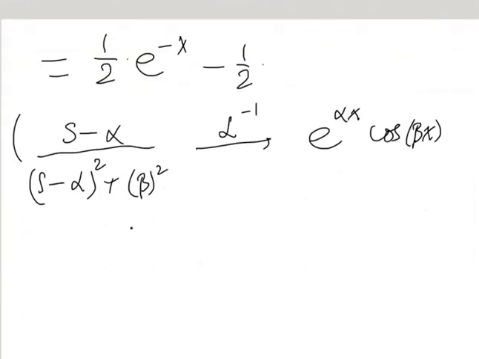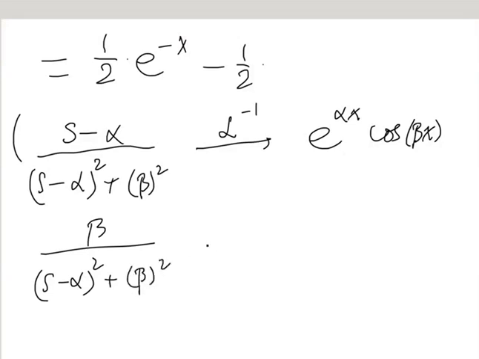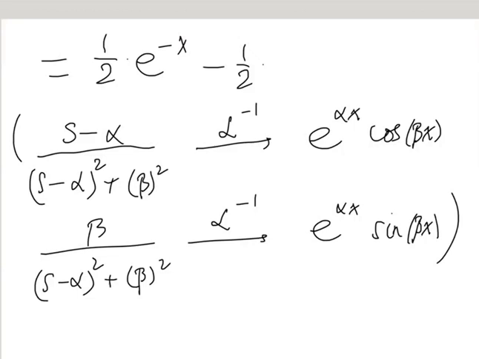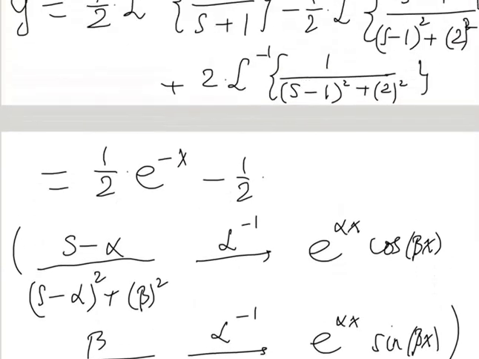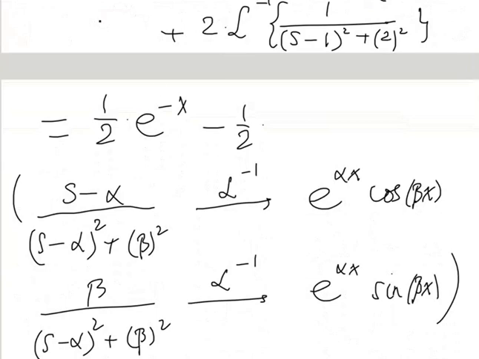On the other hand, we have beta over s minus alpha squared plus beta squared, and the inverse Laplace transform is e to the alpha x sine of beta x. So using these two formulas, you should be able to write down the final answer. Erase this part right here and give the final answer below.